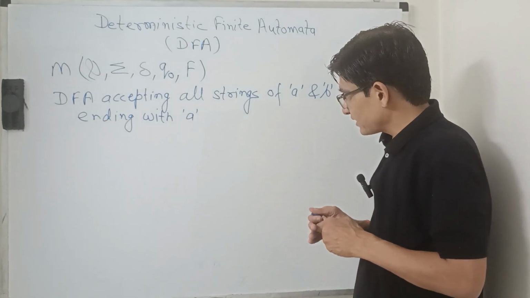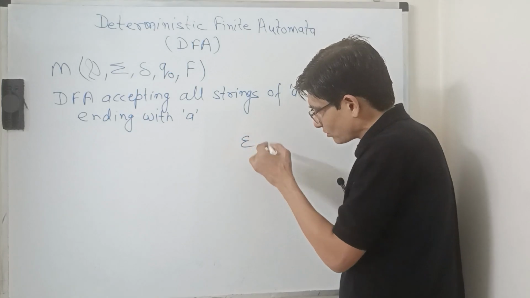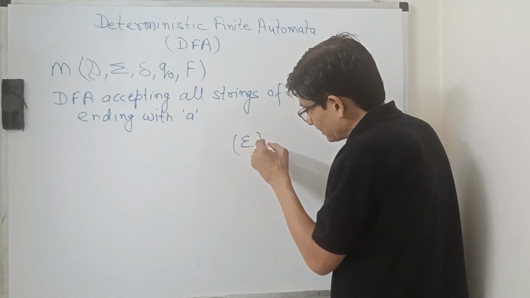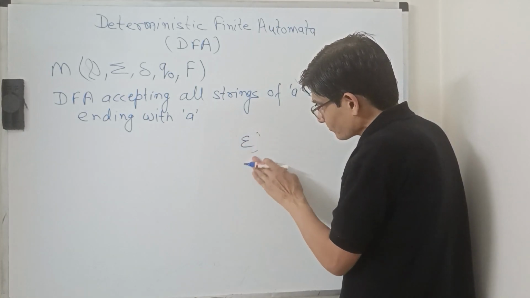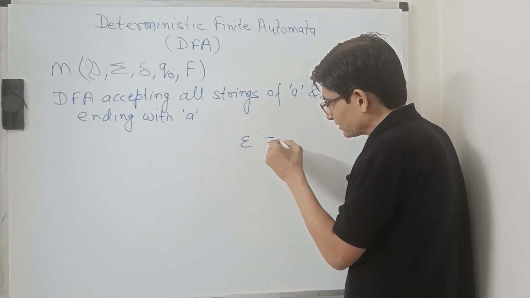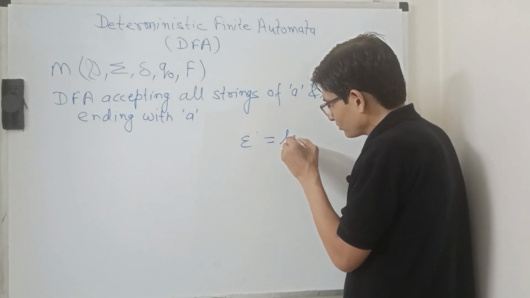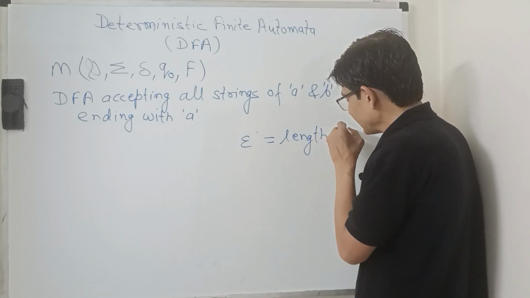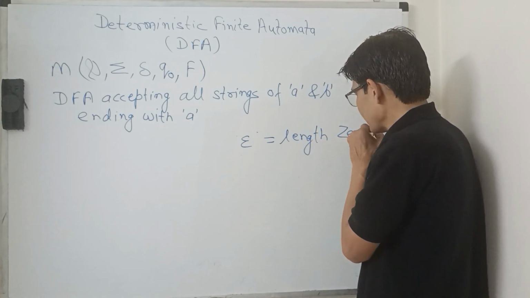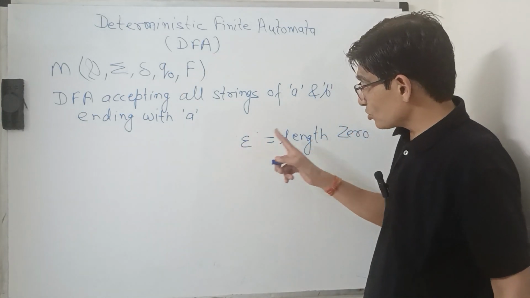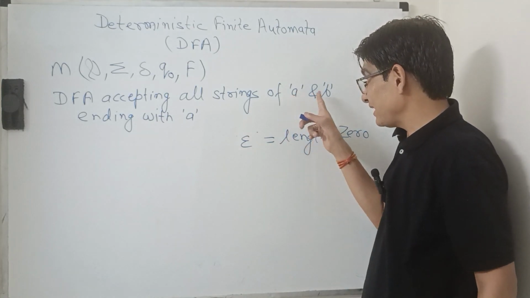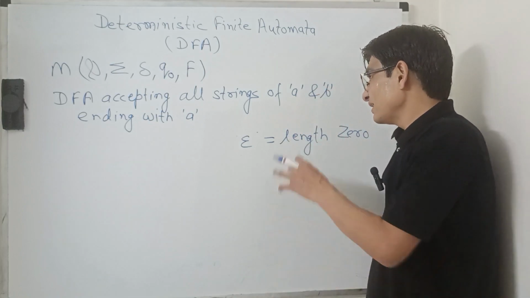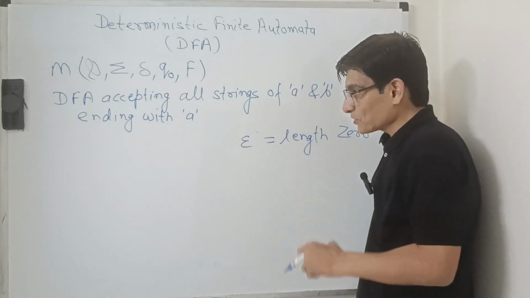Suppose epsilon is one of the strings you can consider, with zero length. The length of epsilon is zero. So epsilon is also considered a string of A and B. Any string of A and B, then you have to consider epsilon also.